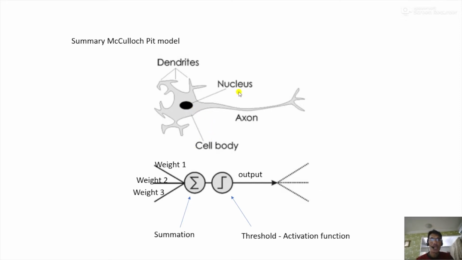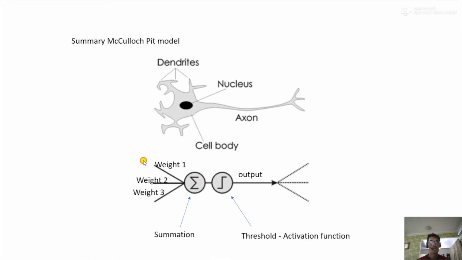Now we have a cell, and recall that we have a dendrite, a nucleus, soma, cell body, and axon. And here we have synapses connected to the dendrites of the other neuron, and we're going to sum up all the electric signals from all the synapses and pass them over. So in this case, the McCulloch-Pitts model summarizes it like this.